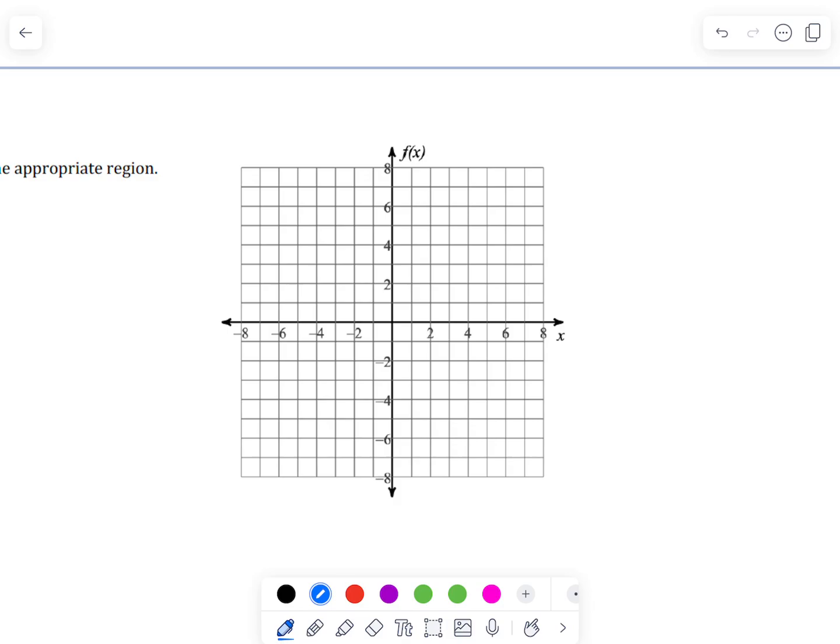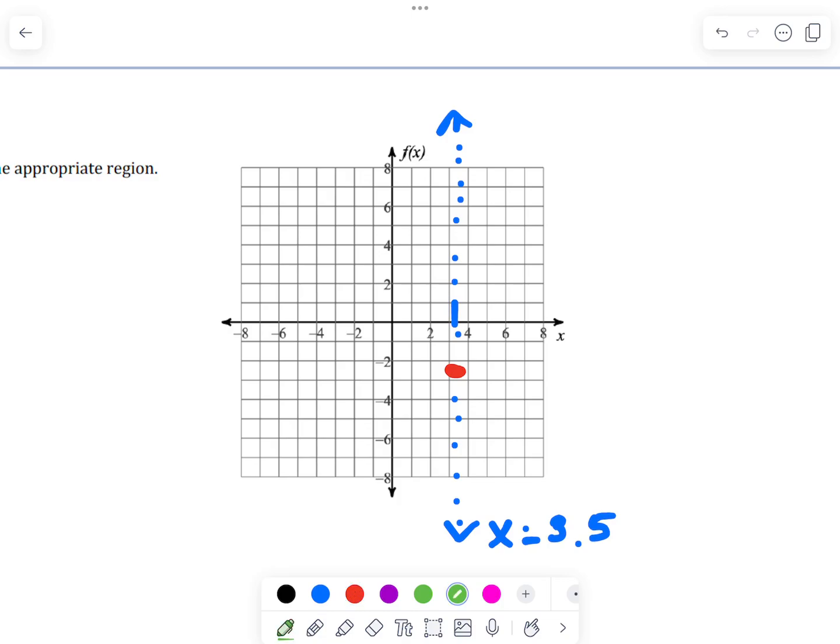So I had my axis of symmetry at 3.5. The vertex is at over 3.5, down 2.25, so about there.